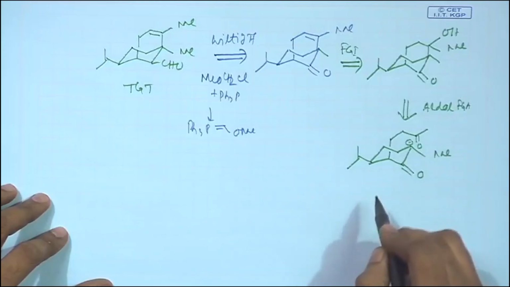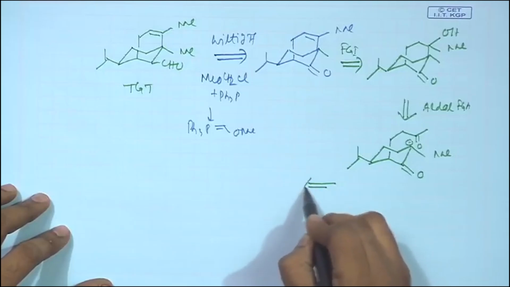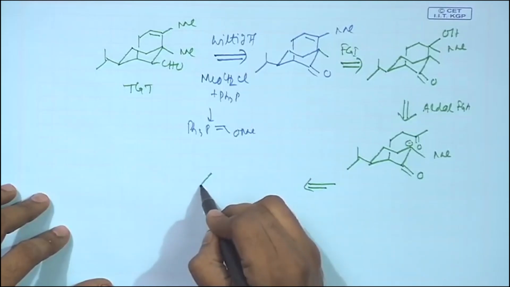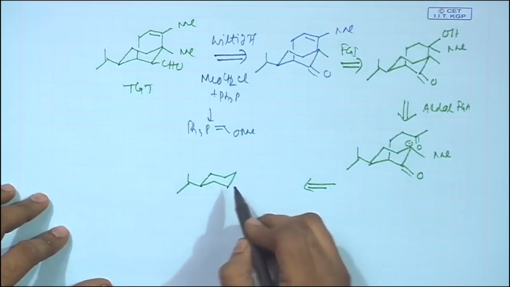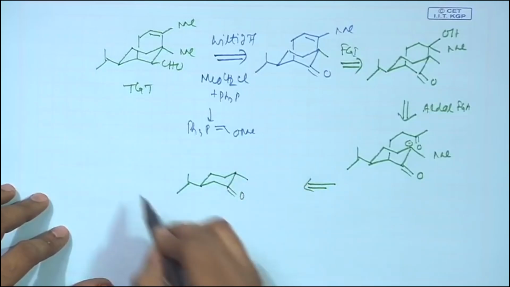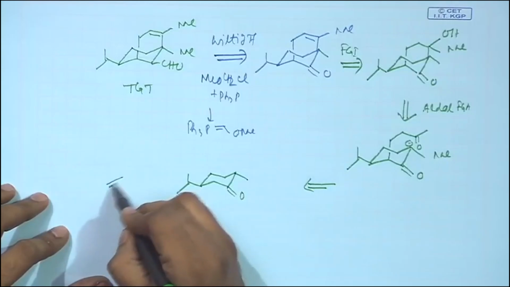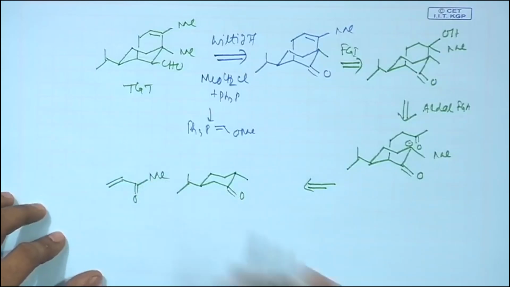Okay. Now, trying to again simplify the things, we can say that if you have the starting material of these structures of this and you are having this methyl vinyl ketone, you can basically do it.